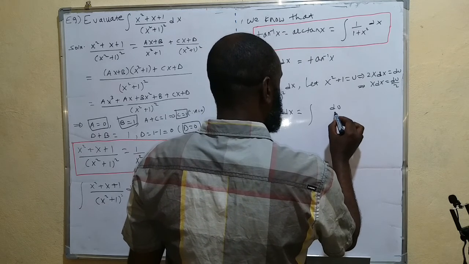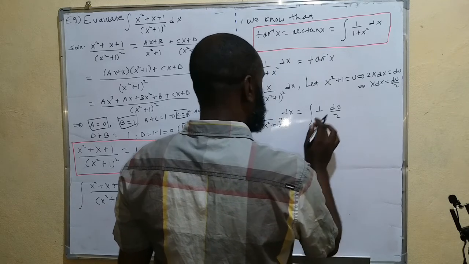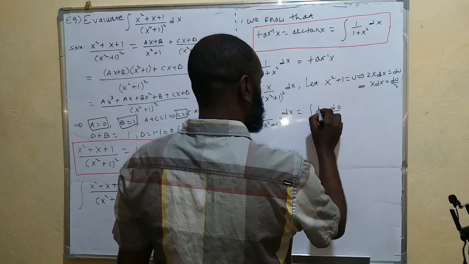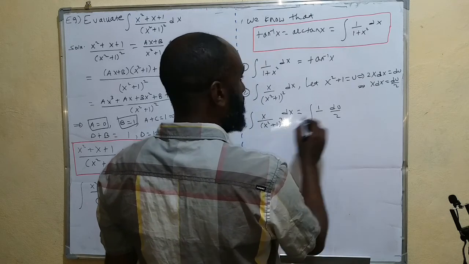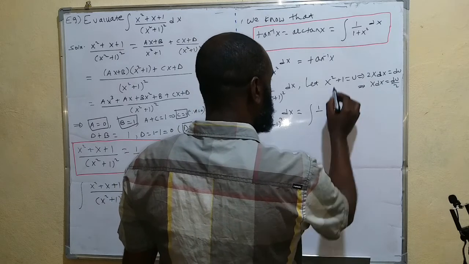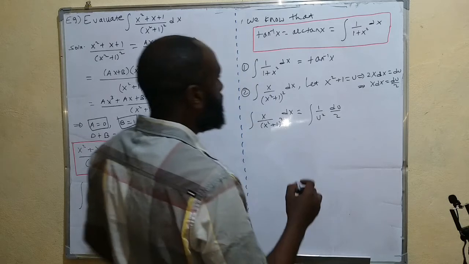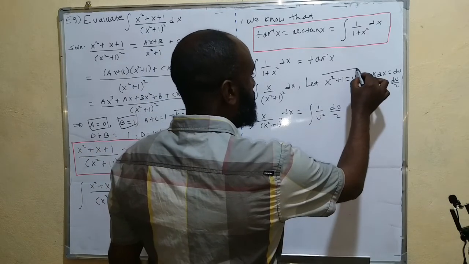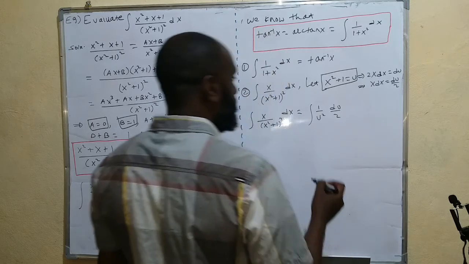So this is du over 2, times 1 over x squared plus 1 squared. x squared plus 1 is u. Therefore, x squared plus 1 squared is simply u squared.